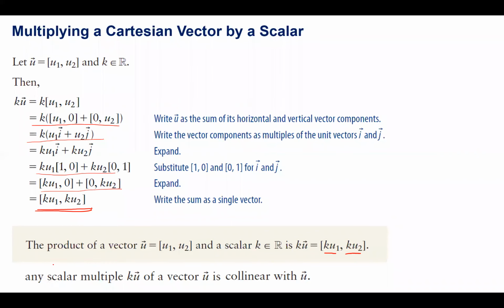And also note that any scalar multiple ku of a vector u is collinear with u. We have already discussed this in geometric vectors, right? Any scalar multiple ku of a vector u is collinear with the original vector u.